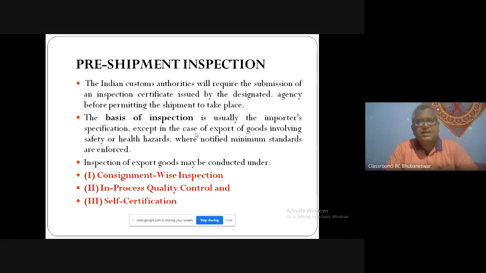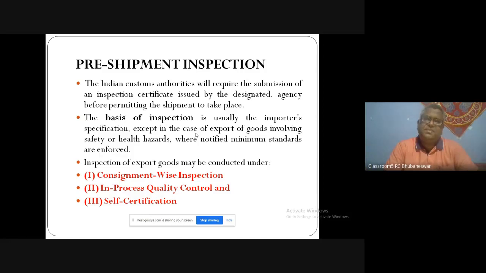But the question is, what type of pre-shipment inspection? Pre-shipment inspection means the goods are to be ready, the goods are to be manufactured, financing can be done, and then it is ready for shipment.